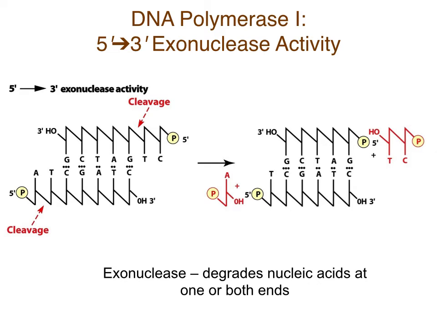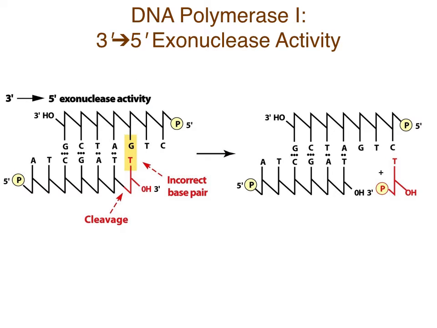So here this diagram shows a 5' to 3' exonuclease activity there at the top. This figure shows that DNA polymerase 1 also has a 3' to 5' exonuclease activity that could be used to correct for base pairs that had been inserted incorrectly.